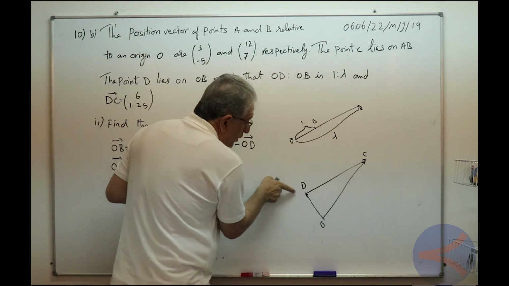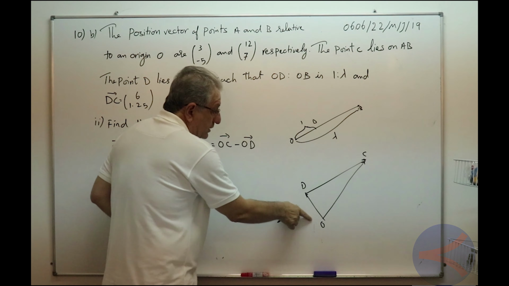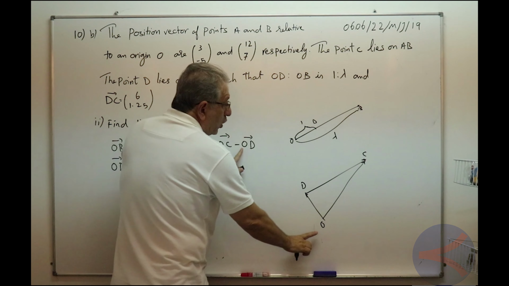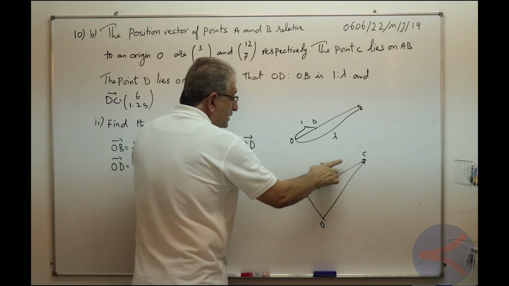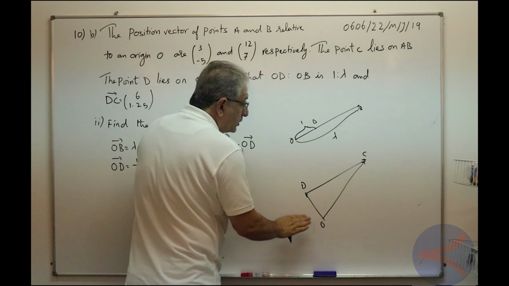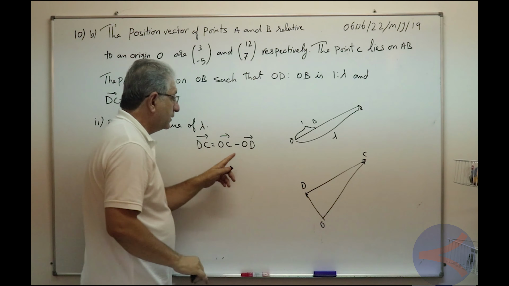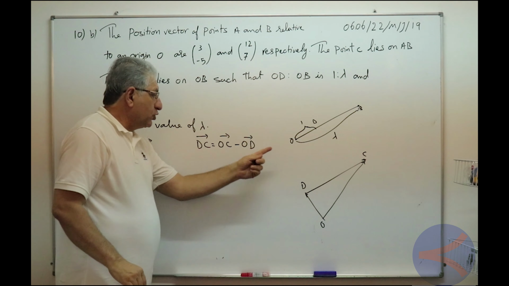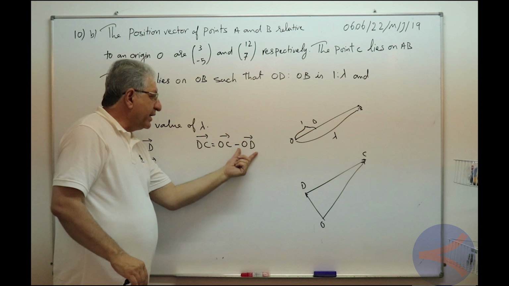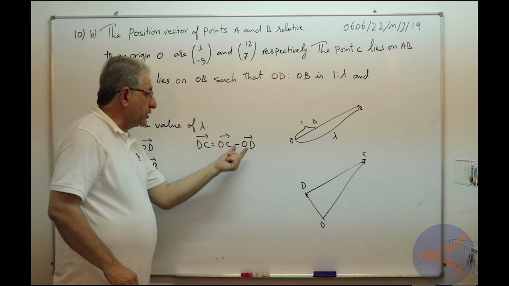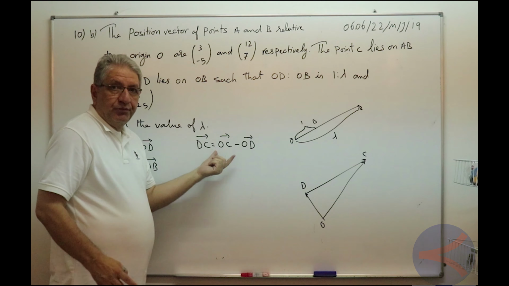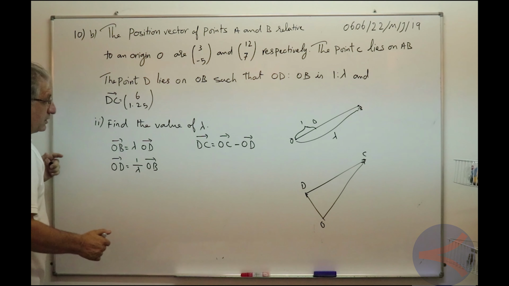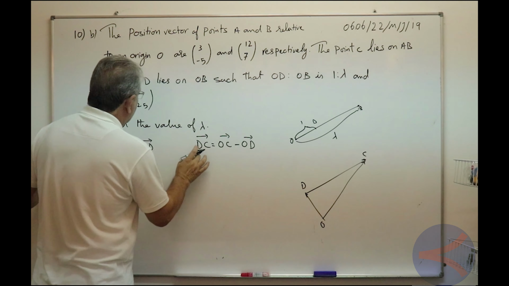Now DC, you can come this direction, therefore it's negative. Therefore OD should be negative, OC should be positive. Therefore always end point minus the starting point. Anyhow, use the graph also you can write. You can write minus OD plus OC.